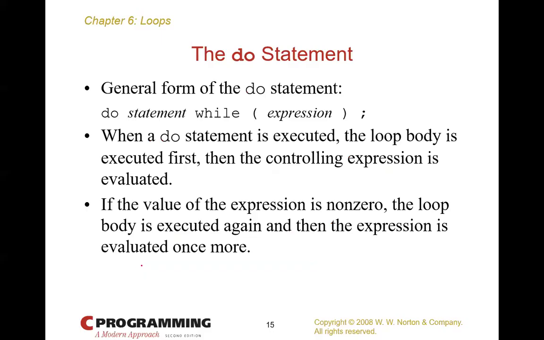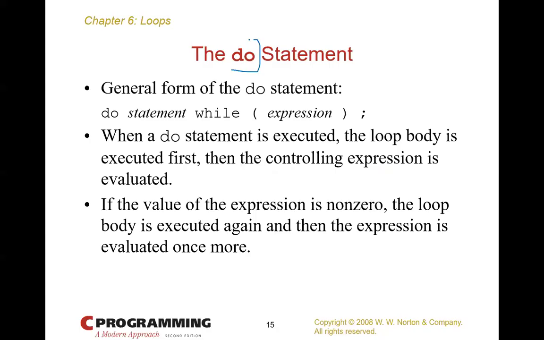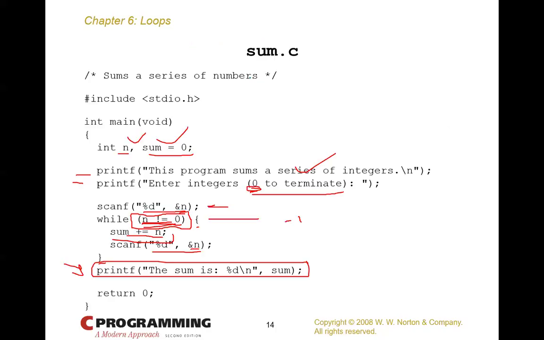All right. So this is the general form of the next iterative statement, the do statement. Let me change the color of my marker. Change to blue, the do. Observe.